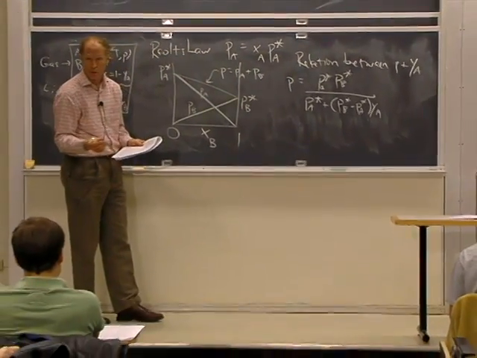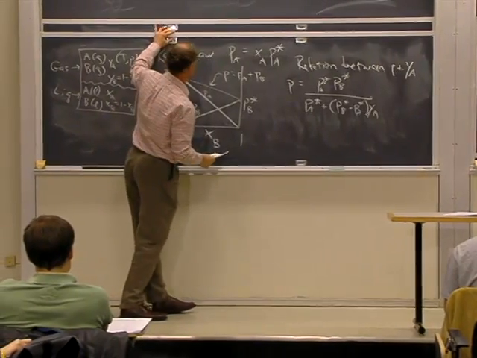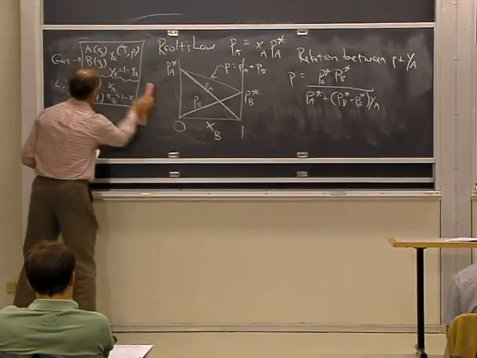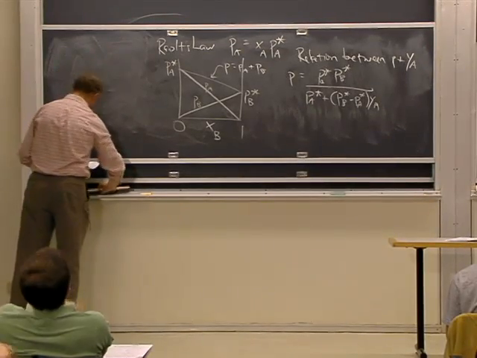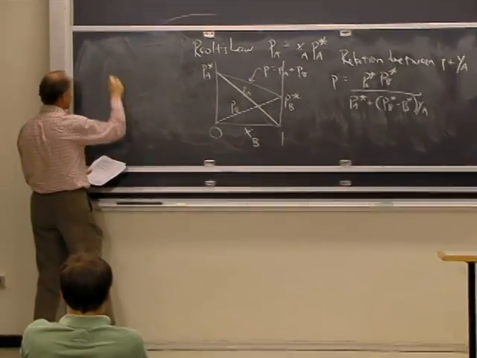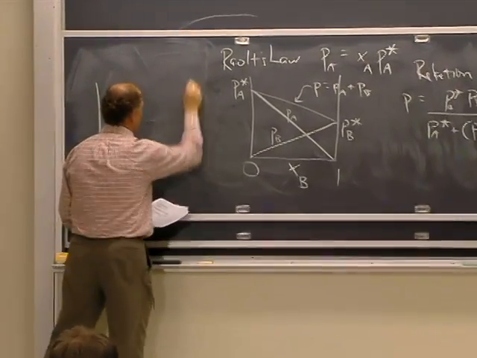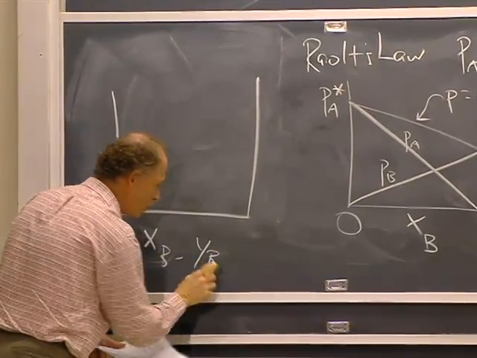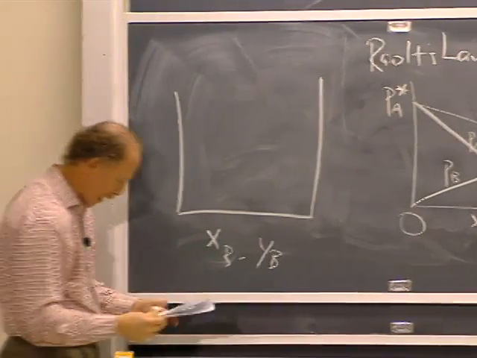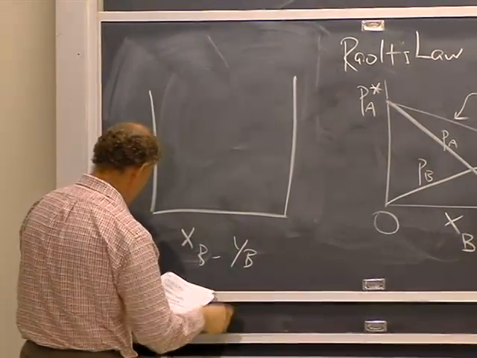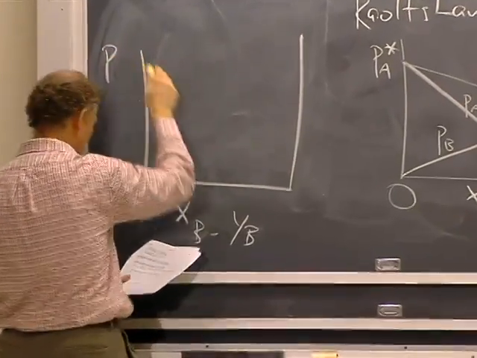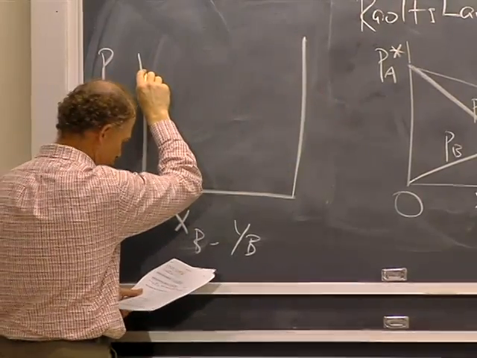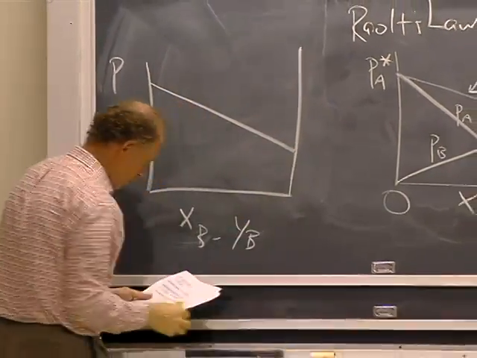We can still plot it, of course. So if we do that, then we end up with a diagram that looks like the following. Now I'm going to keep both mole fractions on XB and YB. I've got some total pressure. I still have my linear relationship, right?